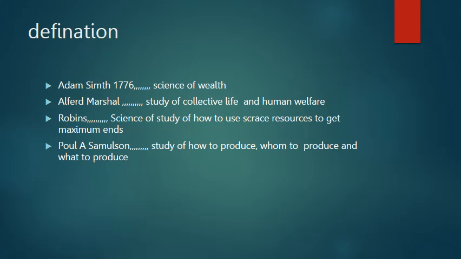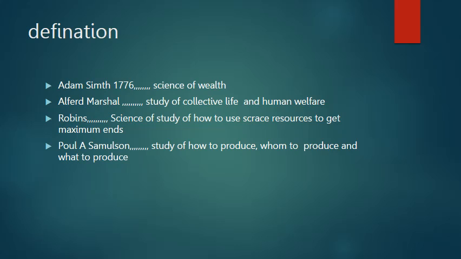Adam Smith was a professor of moral philosophy at Glasgow University. He wrote a book called An Inquiry into the Nature and Causes of the Wealth of Nations, more popularly known as Wealth of Nations.